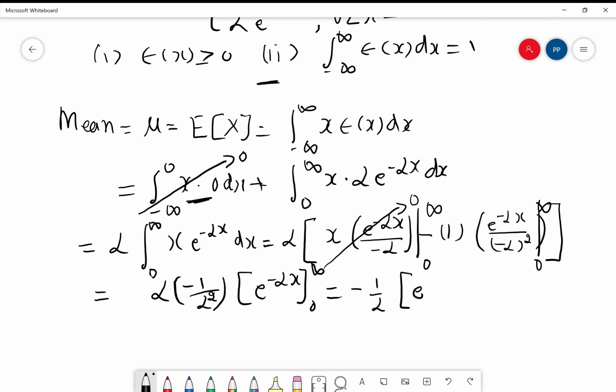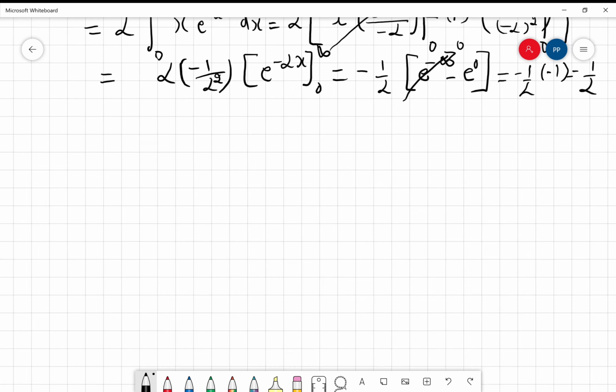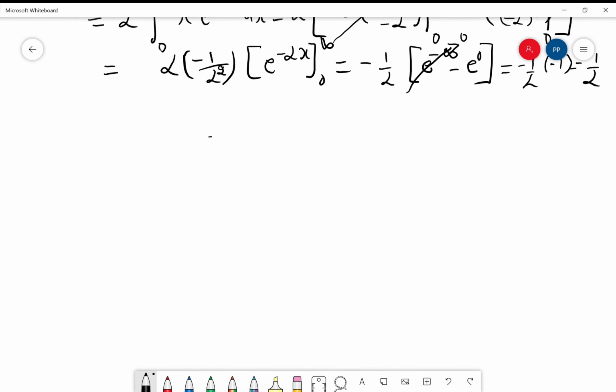Put x equals infinity, e power minus infinity, because alpha is positive, minus e to the power of 0. Now we know that this is 0 and e power 0 is 1. Therefore, we get minus 1 by alpha into minus 1, which equals 1 by alpha. That means we have got that the mean mu equals 1 by alpha.